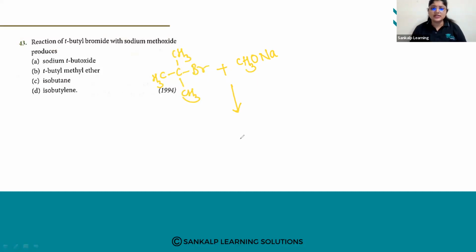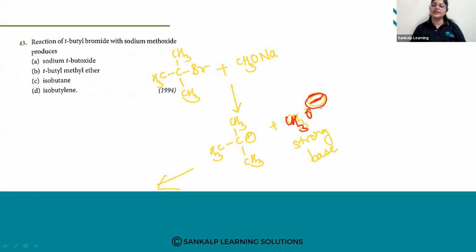First in the reaction, there is a formation of carbocation. Na will attach to Br and this will be CH3O minus. This CH3O minus is a strong base, and it has a negative charge.